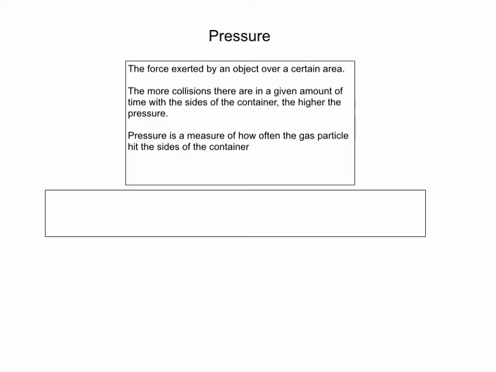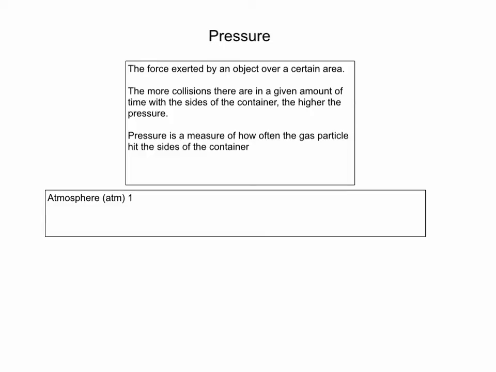Well, how do we measure pressure? Well, there are several units, just like in temperature, that we can use, and the main one that we use is the atmosphere. And this is abbreviated ATM.